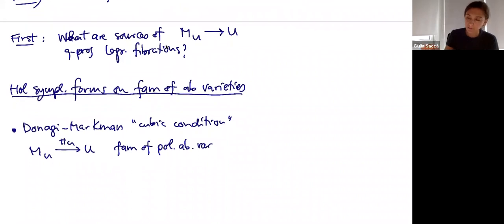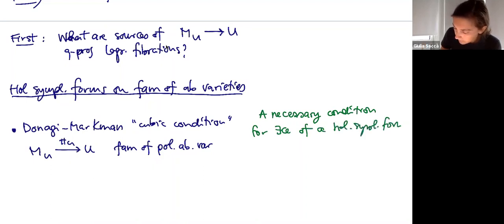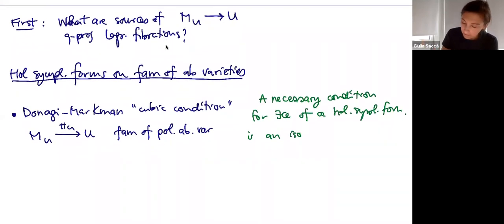Okay, so first of all, I should say that given a Lagrangian fibration, a necessary condition for the existence of a holomorphic symplectic form with respect to which the fibration is Lagrangian is an isomorphism between the vertical tangent sheaf or bundle, because I'm looking at a smooth thing, and the cotangent bundle of the base.